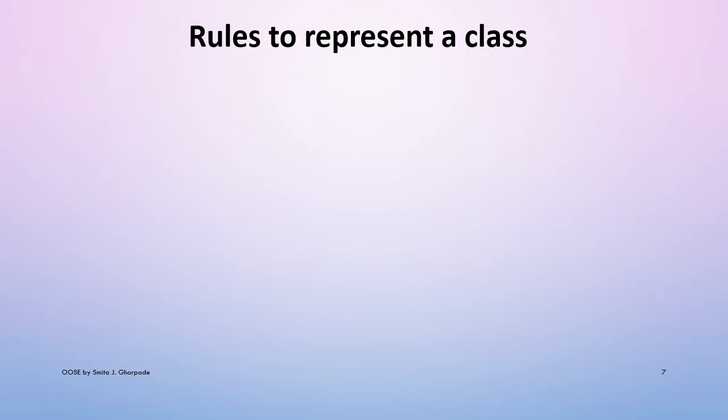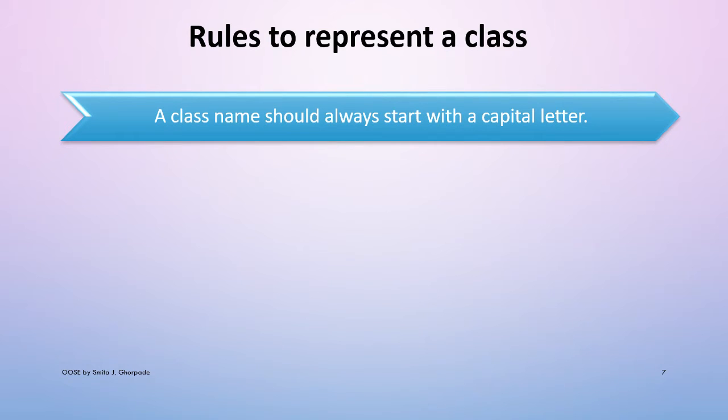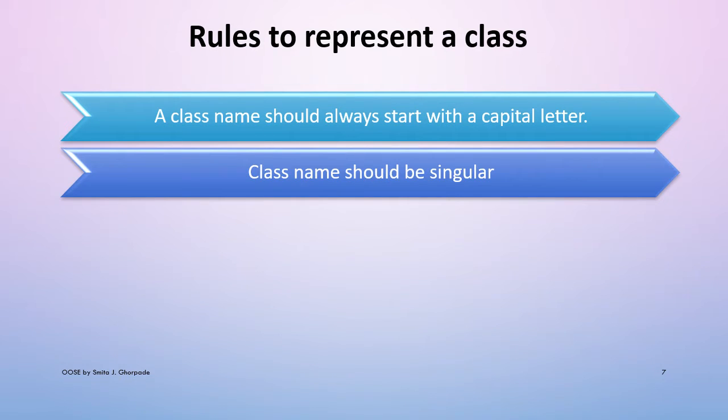Rules to represent a class graphically. The first rule is that the class name should always start with a capital letter. The class name should be singular. For example, the class name should be given as Vehicle, not as Vehicles. Means there should not be an S or ES form of a class name.